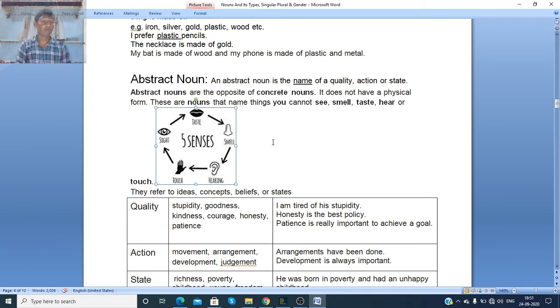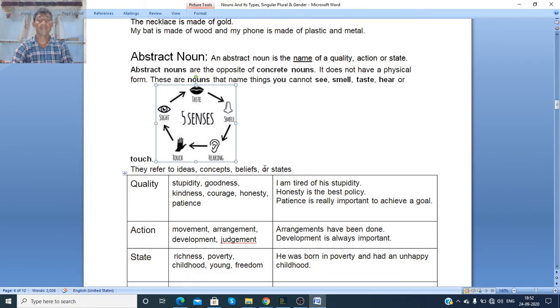We have our five organs: eye, nose, tongue, ear, and hands. So we can't taste, smell, hear, touch, or see them. And here are some examples of abstract nouns.